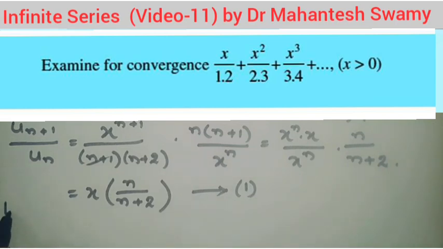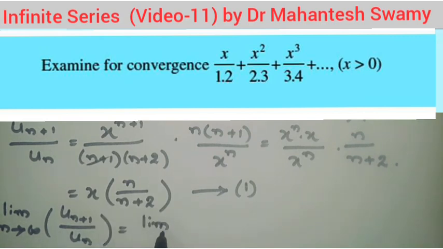Now we have to take limit, proceeding as per the ratio test. Therefore we are taking limit on un plus 1 divided by un. That is equal to, on RHS, limit as n tending towards infinity of x into bracket n divided by n plus 2.